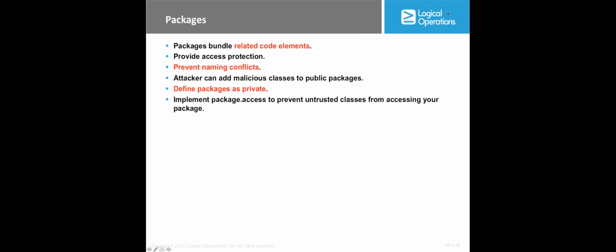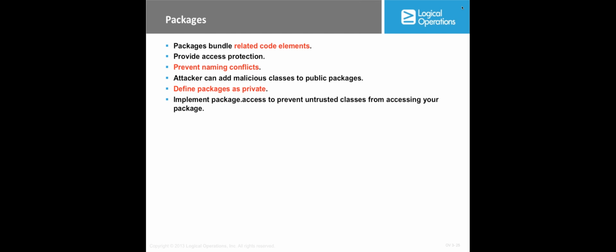Okay. So once I identify it as private, it is going to prevent untrusted classes from accessing your package, right? So think about the things that come from, for instance, untrusted sources. You might have to call out to, for instance, maybe an RSS feed.